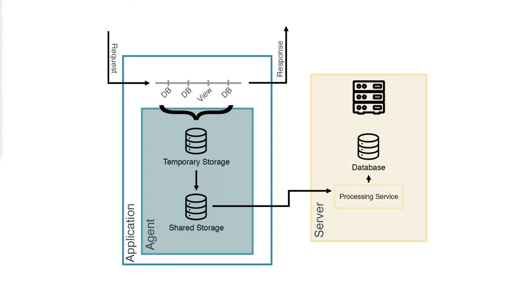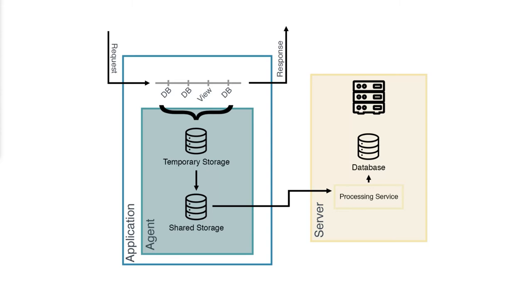So now that we have a strategy and some terminology, let's take another look at the schematic to get a better sense of the life cycle of the data. So first, a request comes in, at the top left. When that happens, we need to initialize some temporary storage to collect the data from the events that happen. And so we instrument the application so that as the events happen, the events get stored into the temporary storage.